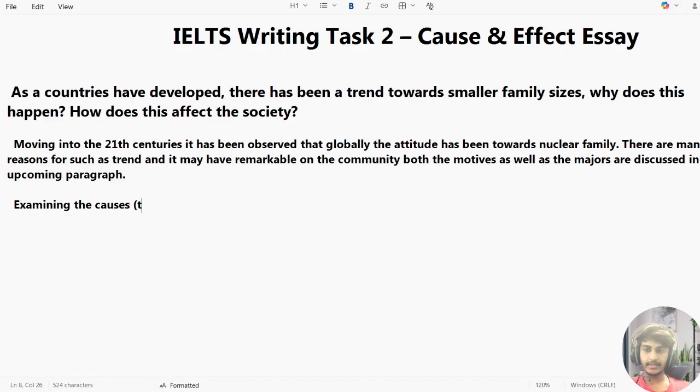I am writing in brackets, topic phrase. The most obvious reason, this is a linker, it comes under organization.